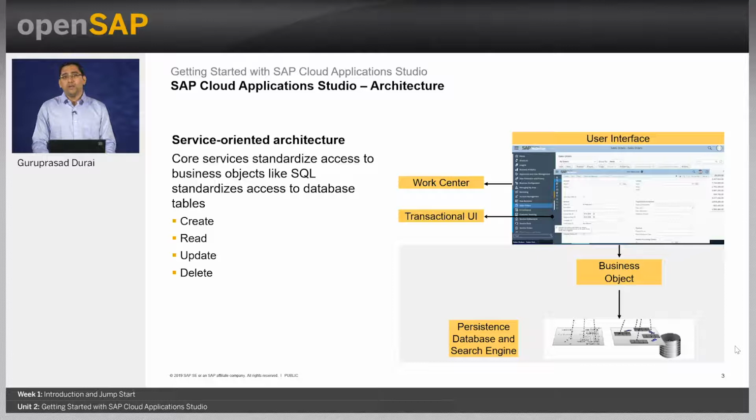Now, let's take a quick look at the architecture of Cloud Studio. SAP Business by Design follows the MVC architecture, that is the model view controller. The diagram represents the MVC architecture of Business by Design, where the model is the database persistency, the view is the user interface, such as work center views and transactional UIs, and the business objects are the application content or the entities where the business logic is written for most of the application areas.